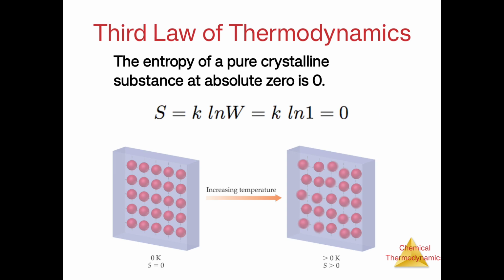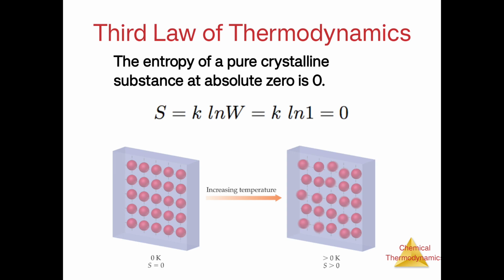So this is how the third law of thermodynamics will be viewed in our engineering. The entropy of a pure crystalline substance, existing in a single matter having the W value 1 at absolute zero, which means the temperature is 0 Kelvin, is always 0.